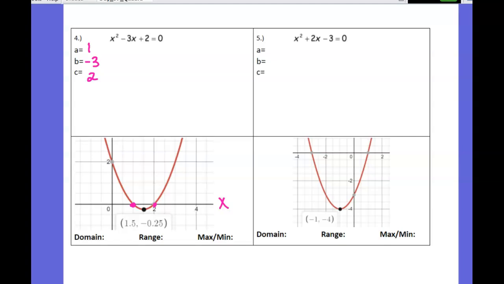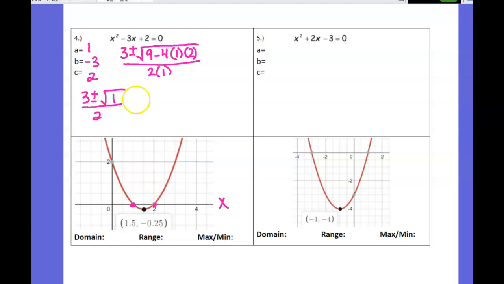Okay, so we're going to start out and say negative b, which is positive 3, plus or minus the square root of b squared, which is going to be 9, minus 4 times a, which is 1, and c is 2, all divided by 2 times 1. Okay, so then this becomes 3 plus or minus the square root, 9 minus 8 is 1, divided by 2.